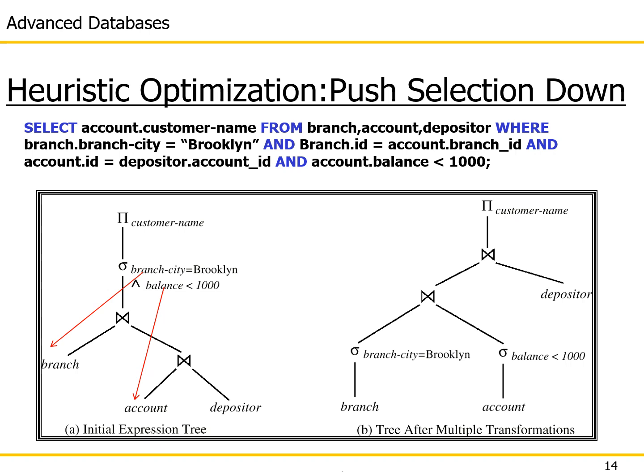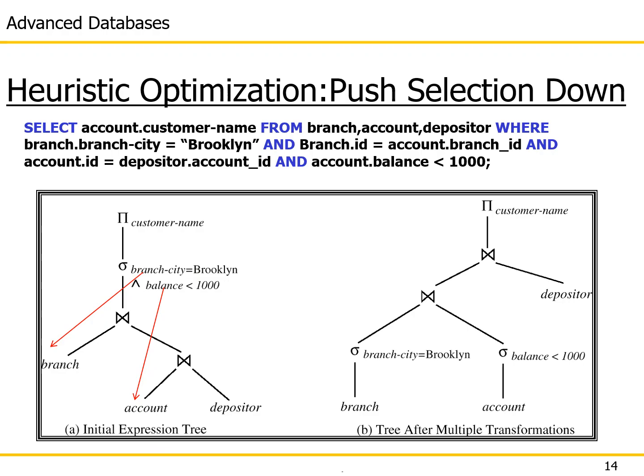So in this case, I'm having now two terms that I am selecting according to: branch-city equal to Brooklyn and balance less than 1,000. So I will push branch-city equal to Brooklyn down to the branch table, and I will push balance less than 1,000 down to the account table.